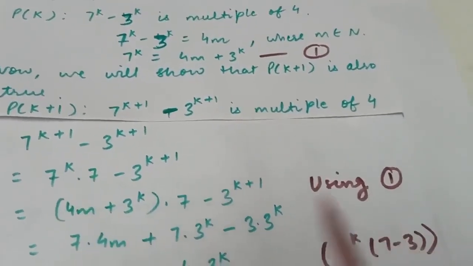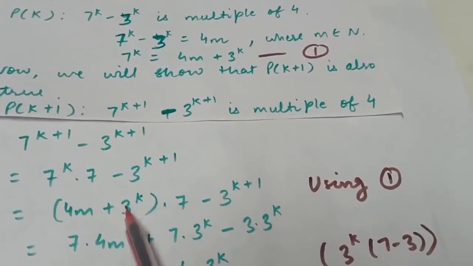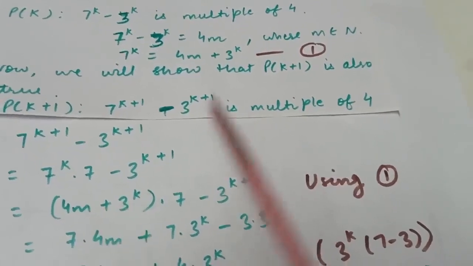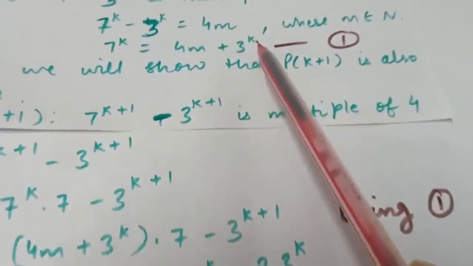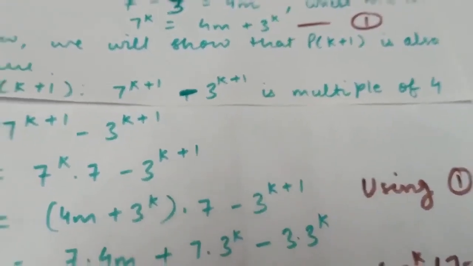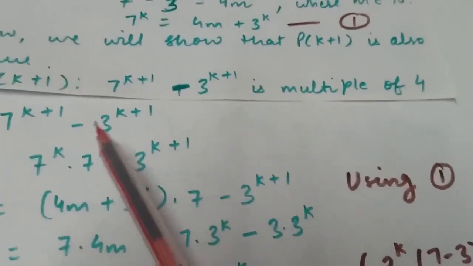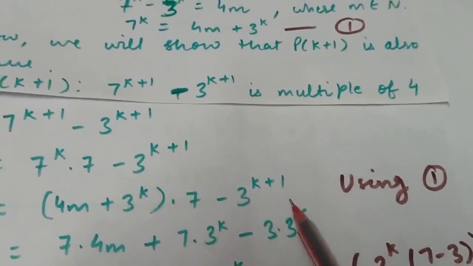Now using 1, write the value of 7 raised to the power k, which is 4m plus 3 raised to the power k, into 7, minus the same term.